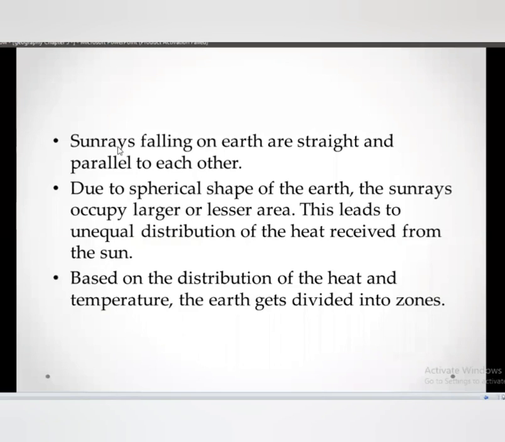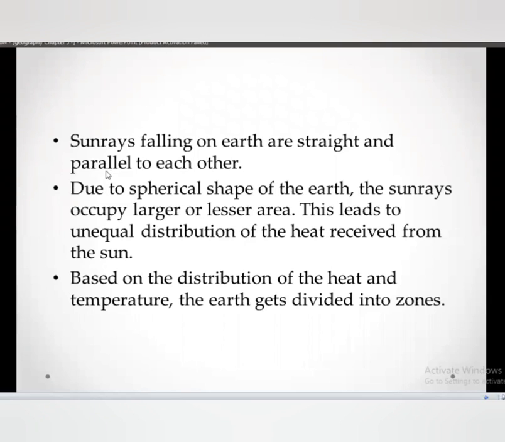See, sun rays falling on earth are straight and parallel to each other. Due to the spherical shape of the earth, the sun rays occupy larger or lesser area.